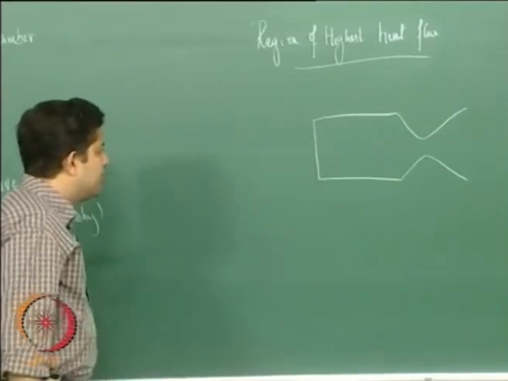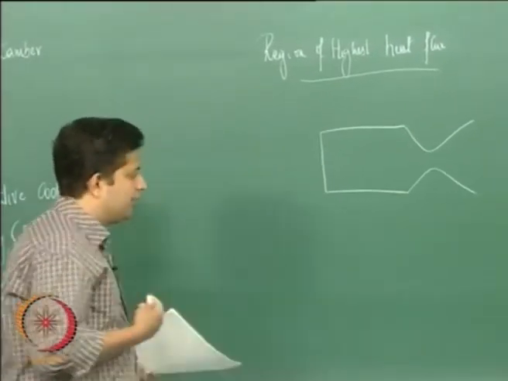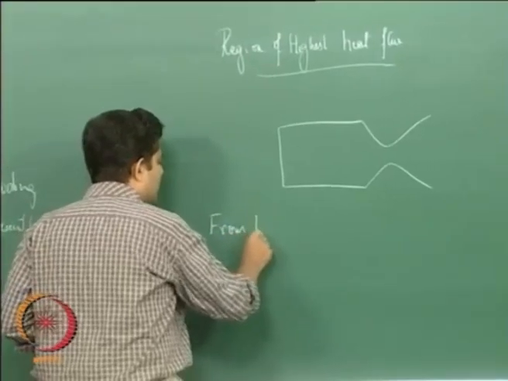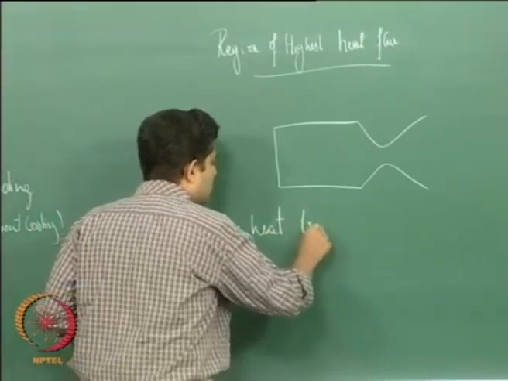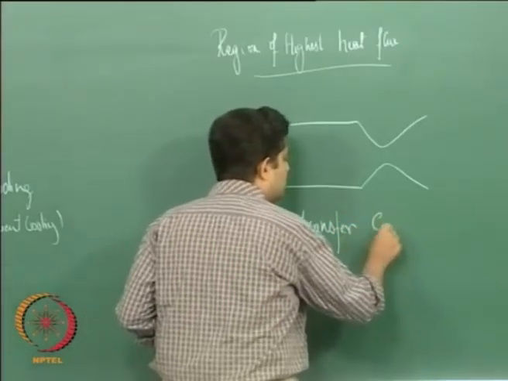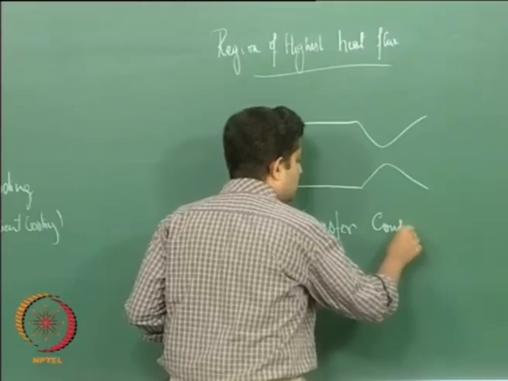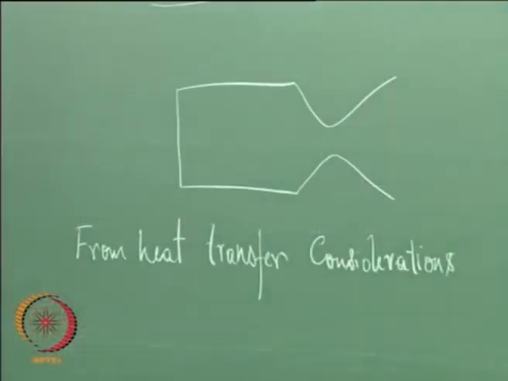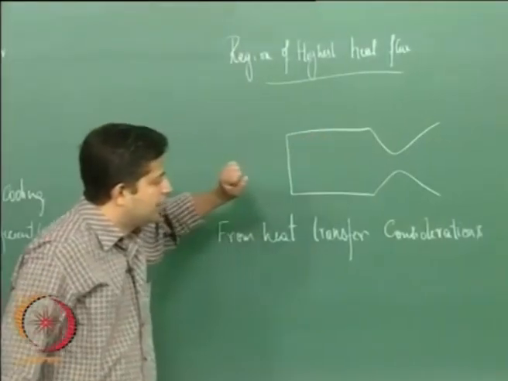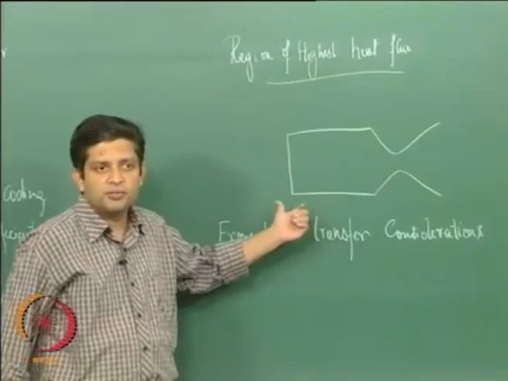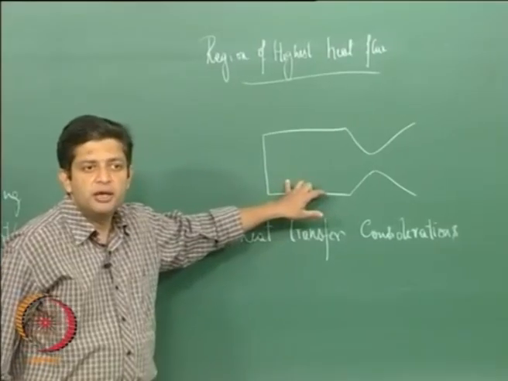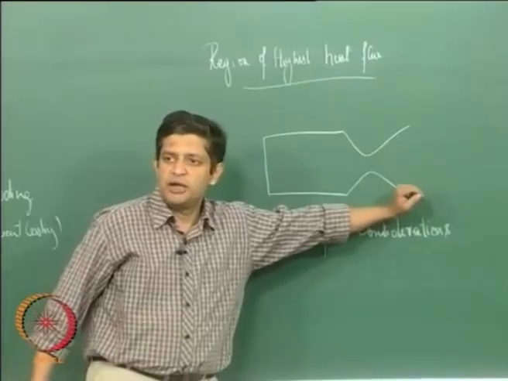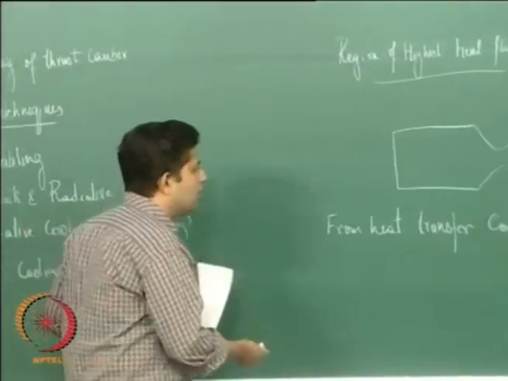From our heat transfer considerations, which we had seen earlier while dealing with erosive burning, if you take a look at some low thrust liquid rocket motors, the flow in the chamber could be laminar in certain regions, but the flow in the nozzle is always turbulent.